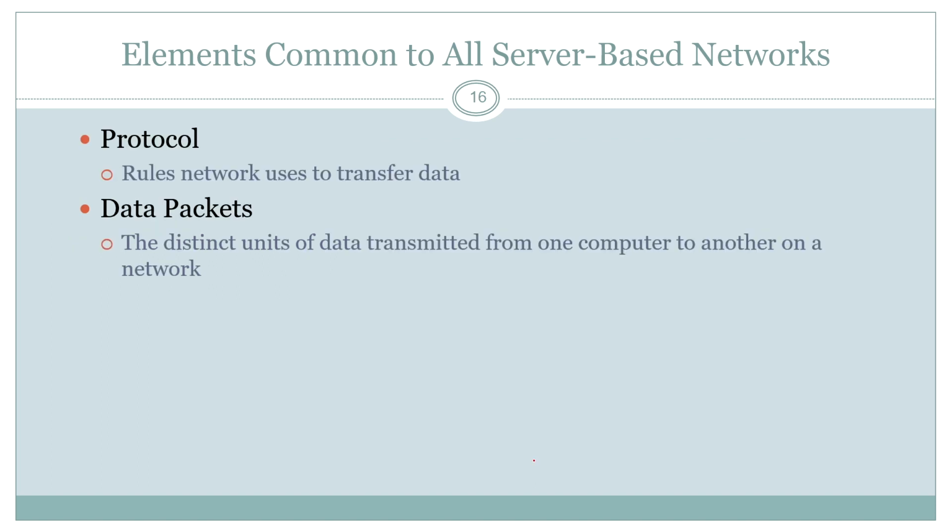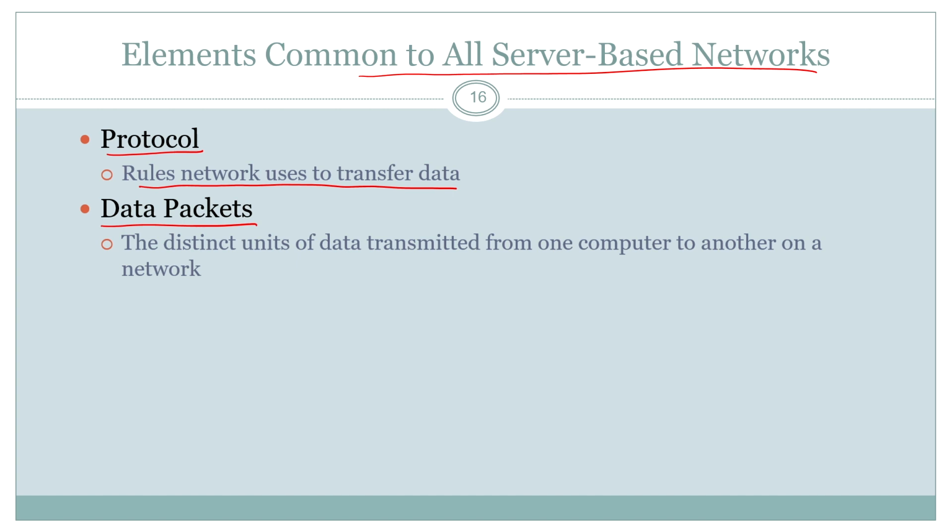And then there are two more things that you heard, the protocol and the data packets. I think I used the word data packets a couple of times in the lecture. These are all common to all server based networks. So, somebody says I am using a TCP IP protocol or UDP protocol or whatever it is. All the protocol implies is these are the rules the network uses to transfer the data. How the data is transferred from one computer to another, whether client to server, server to client or server to printer, it does not matter.